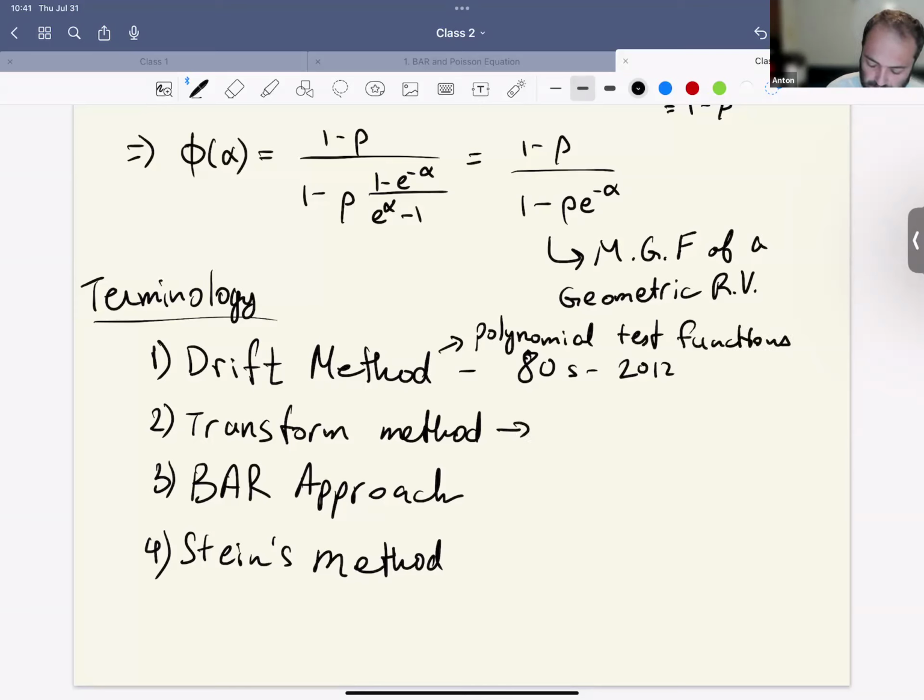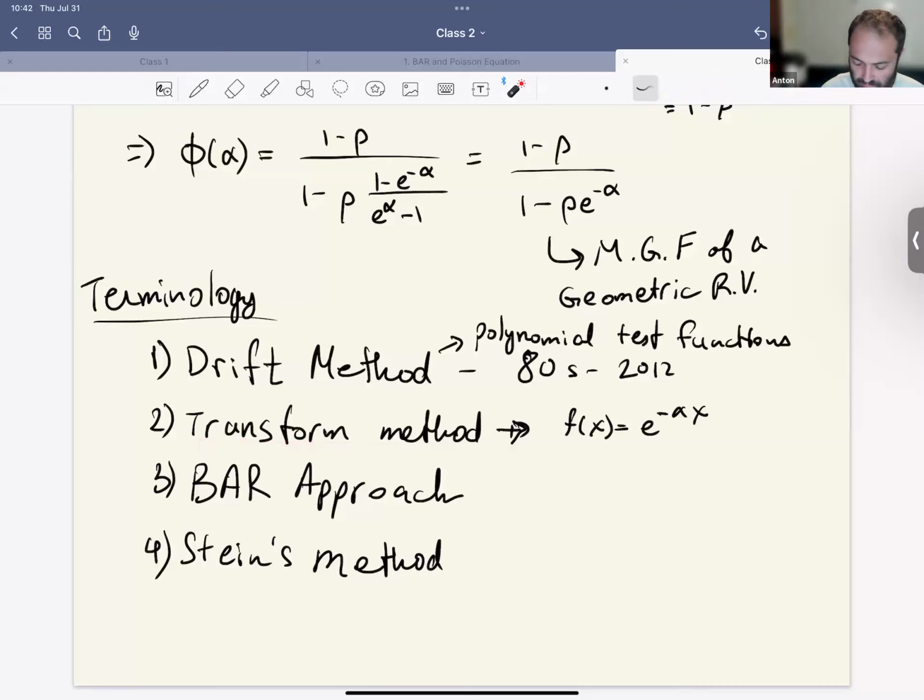Okay, the transform method. This is a term that I heard for the first time coming from Georgia Tech, Siva Theja and collaborators. So the transform method is basically the drift method with exponential test functions. And you could say, well, shouldn't I just think of the transform method as the drift method with exponential test functions?